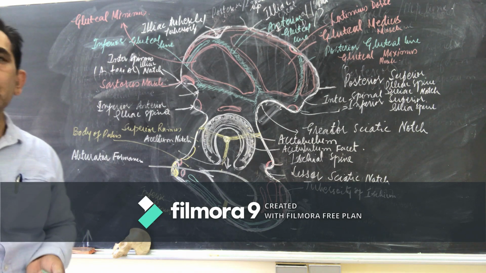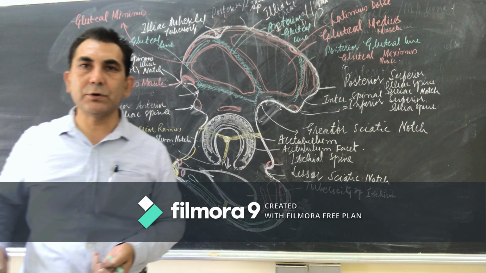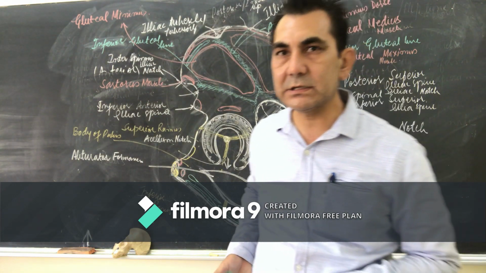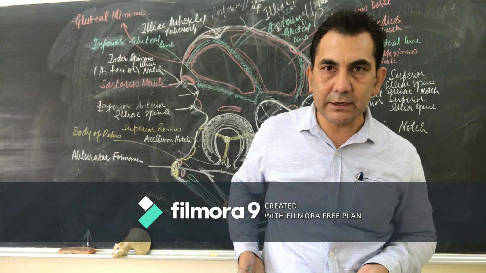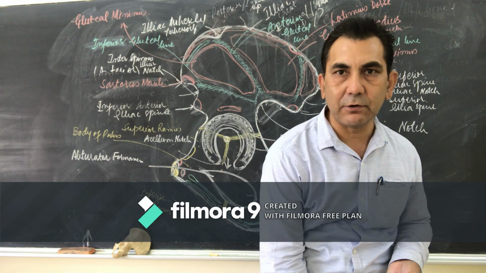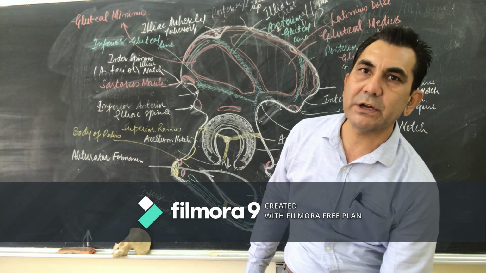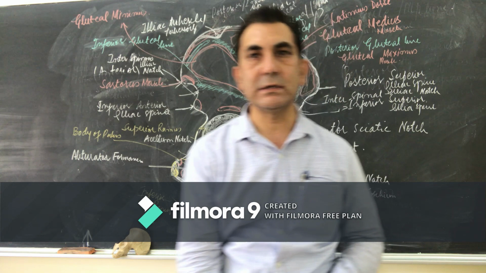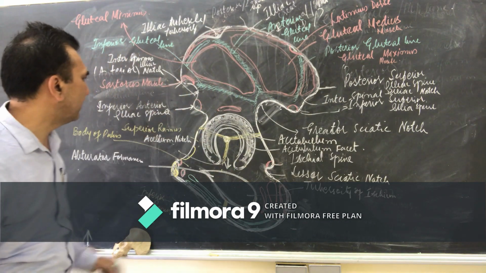The sartorius starts from here, goes towards the medial side of your thigh, and attaches on the tibia bone. This is the longest muscle in our body, the sartorius muscle.